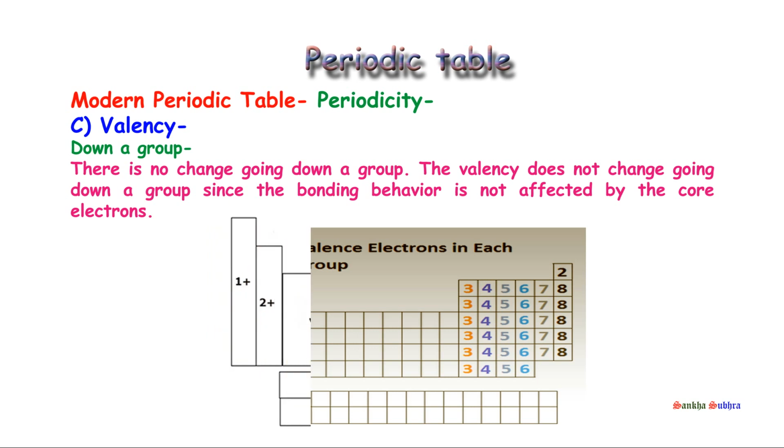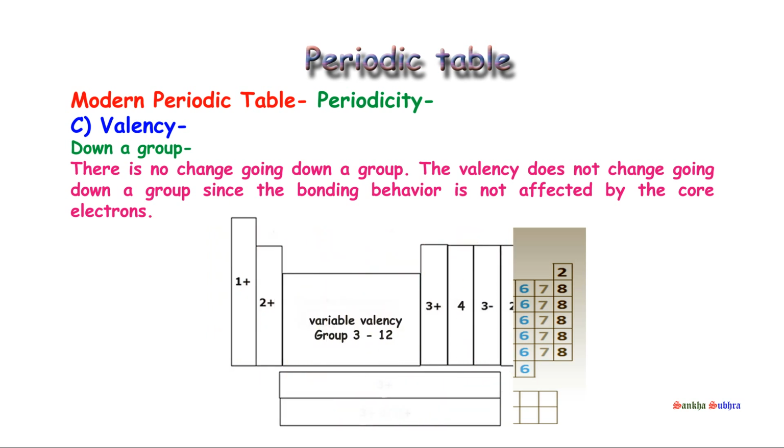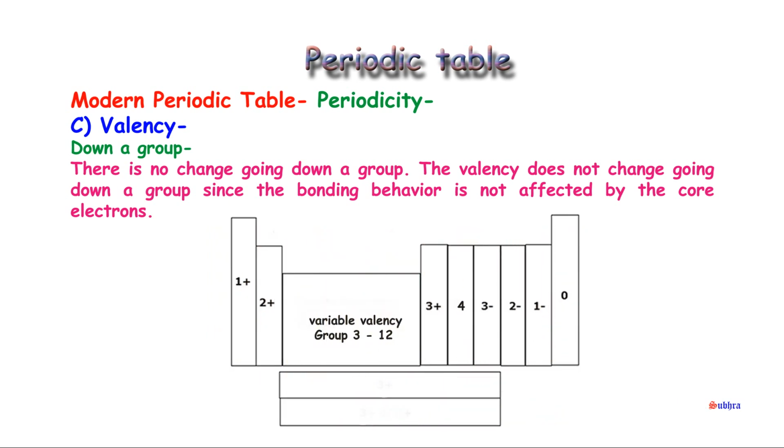As a result, group 1 and group 17 both will exhibit the valency of 1. Group 2 and group 16 both will exhibit the valency of 2. Group 13 and group 15 will exhibit the valency of 3, and group 14 will exhibit the valency of 4.